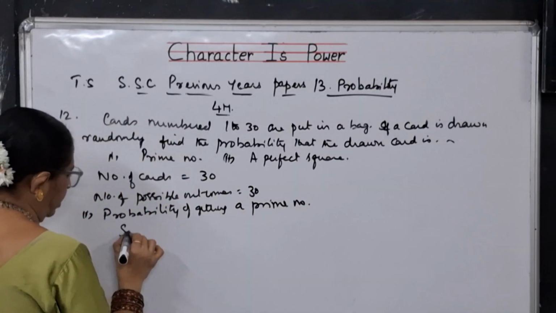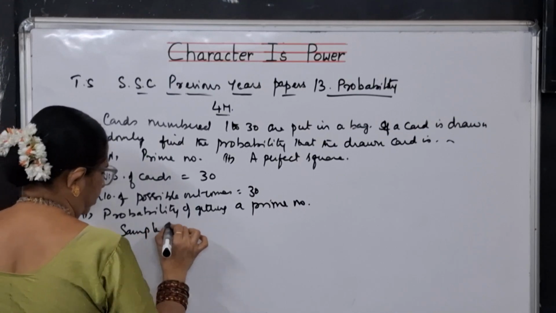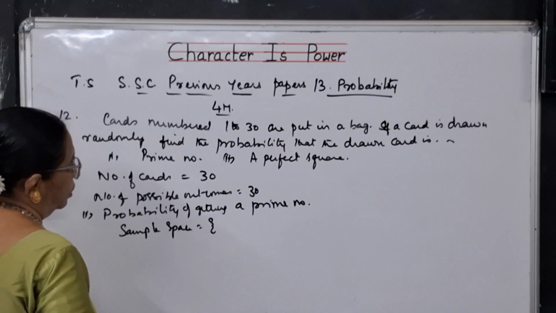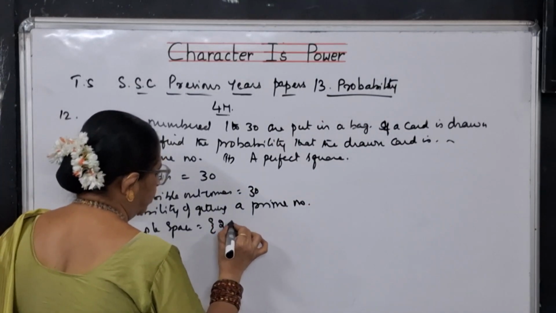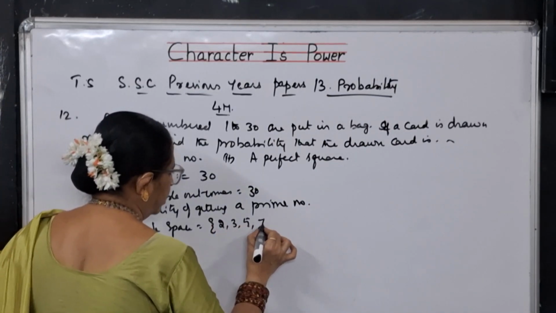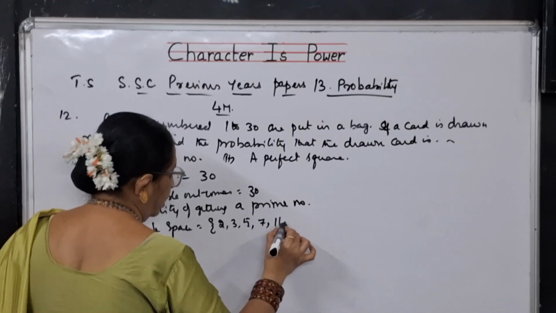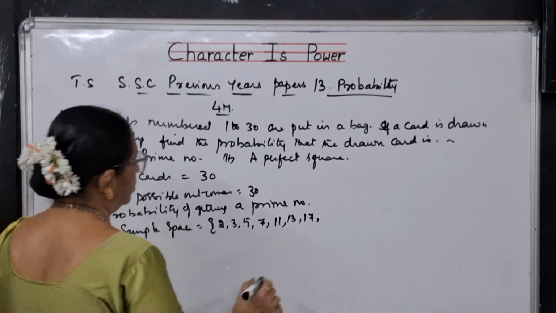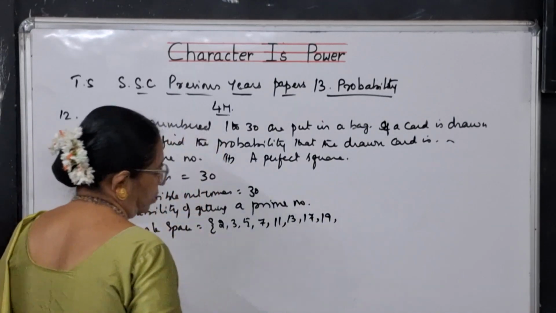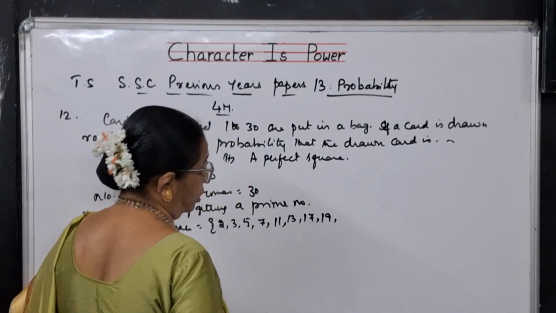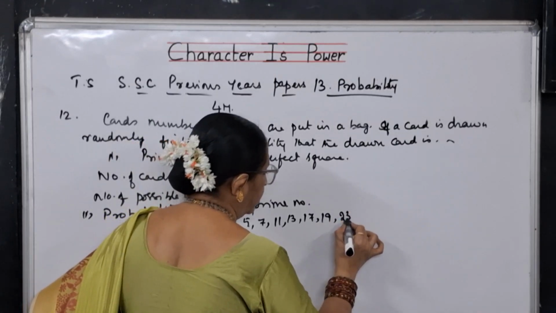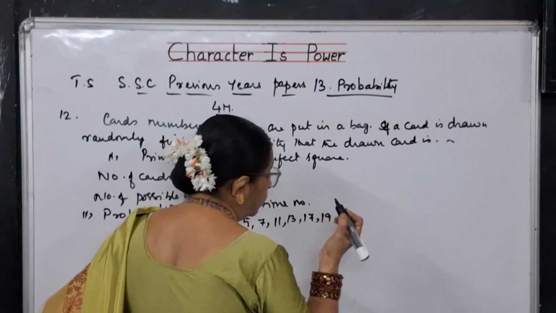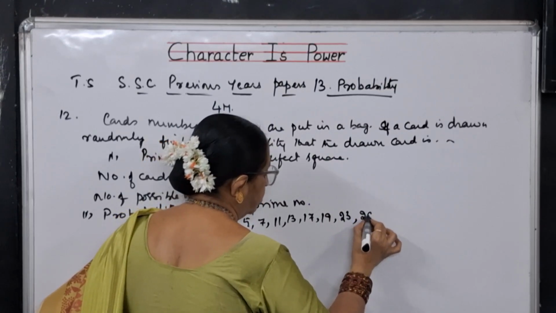So let us write sample space for it. What is sample space? Prime numbers from 1 to 30. You have got 2, 3, 5, 7, 11, 13, 17, 19, after 19, 20, 21, 22, 23, 24, 25, 26, 27, 28 also is not a prime number.